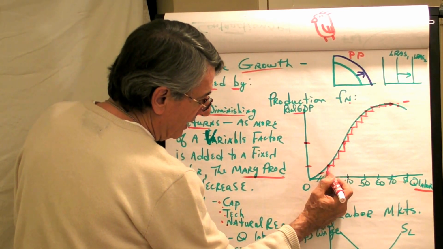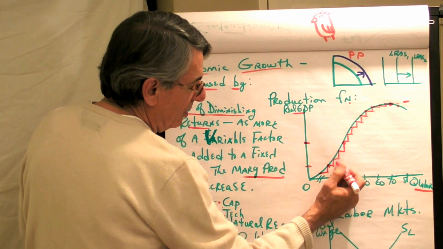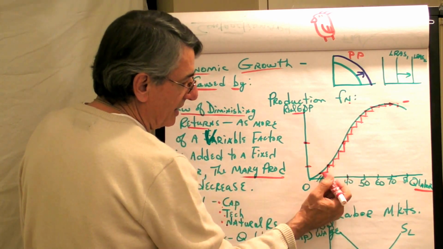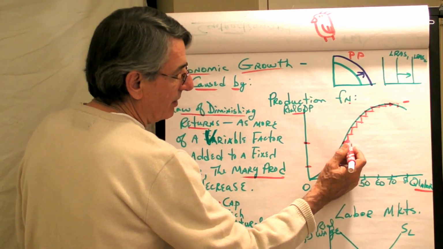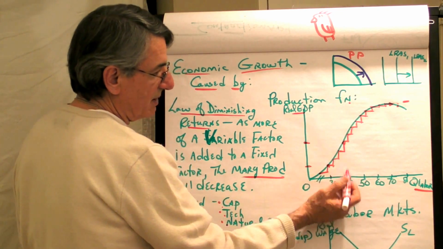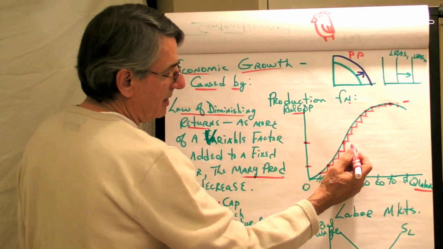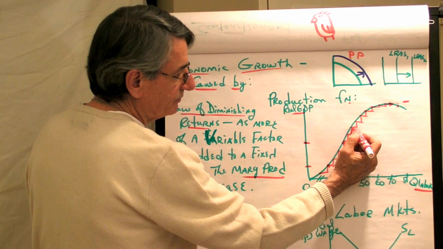Down here in this range of increasing returns, you are starting to get the proportions better because you're adding enough labor to the existing capital stock, technology, and natural resources.